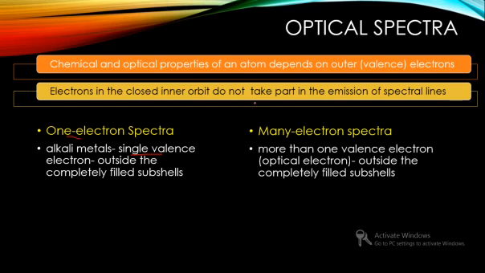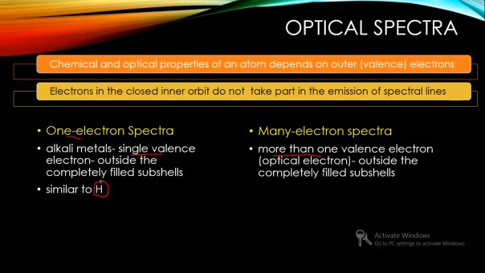In the case of many electron spectra, instead of a single valence electron, there will be more than one valence electron outside the completely filled subshells, and hence the names one electron spectra and many electron spectra respectively. In the case of one electron spectra, it is similar to a hydrogen atom.